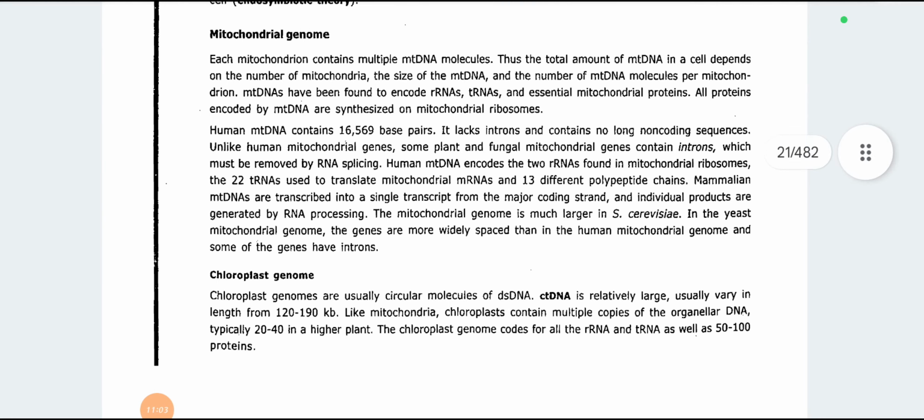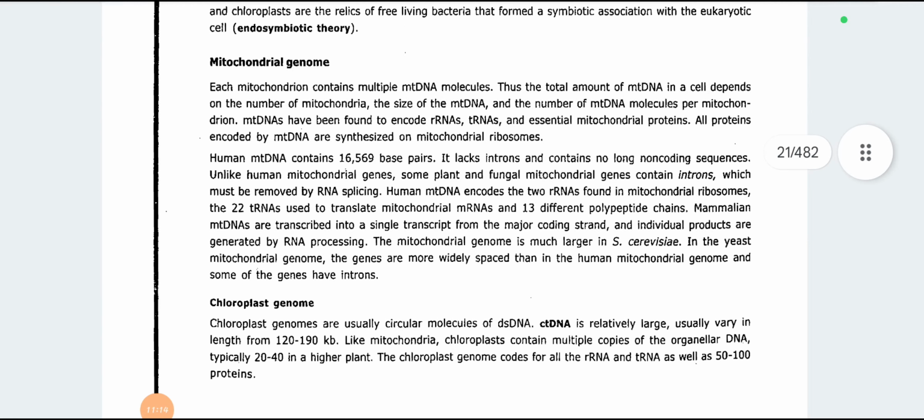Since mitochondria and chloroplasts are independent replicating molecules, they might have come from prokaryotic organisms, and this is mentioned in the endosymbiotic theory. Next is the mitochondrial genome and chloroplast genome.